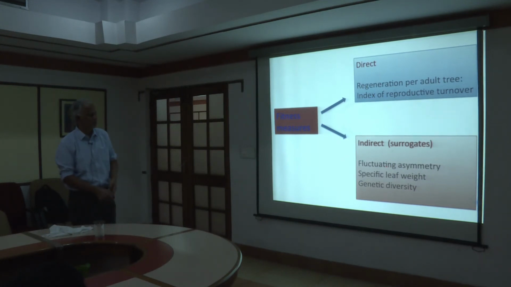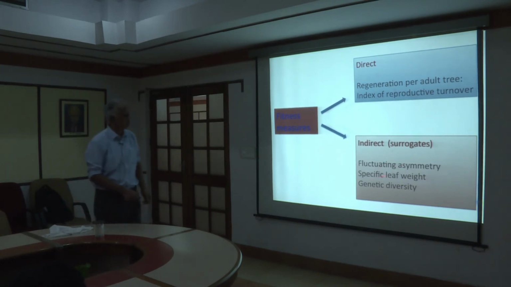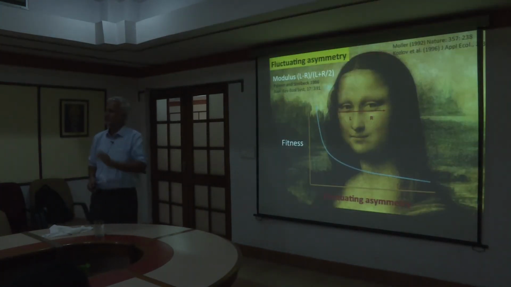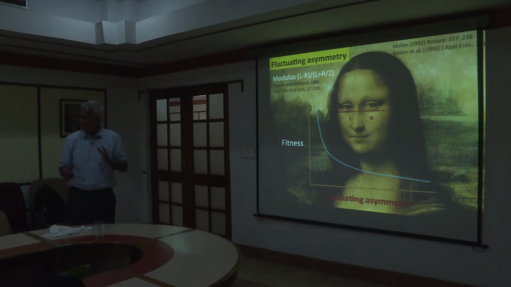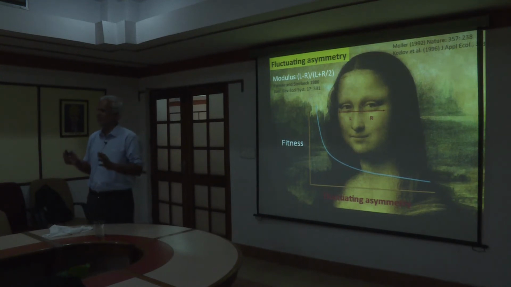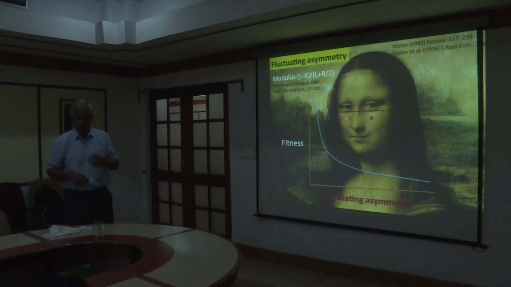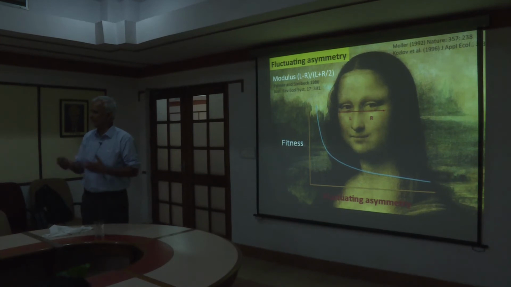One I am going to introduce today is fluctuating asymmetry, another is specific leaf weight, and the third is genetic diversity. Let me look at fluctuating asymmetry for a minute. Now, what is fluctuating asymmetry? Those who have studied a little developmental biology or developmental genetics would know that when there is developmental lethality in the system, due to mutational errors and so on, we have one symptom.